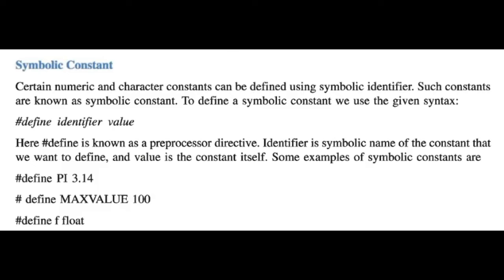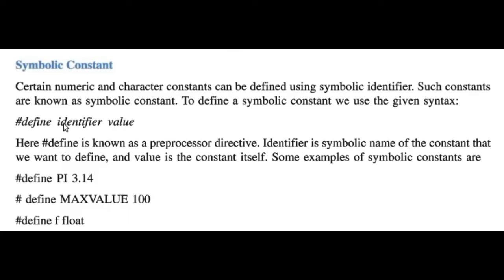This type of program we have seen to find the area of a circle. In that program we have defined the value of pi using hash define, then the identifier, that is the name given to that symbolic constant. So we have used the name pi, and as the value we have given 3.14.